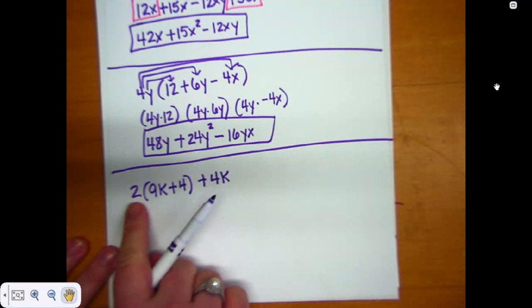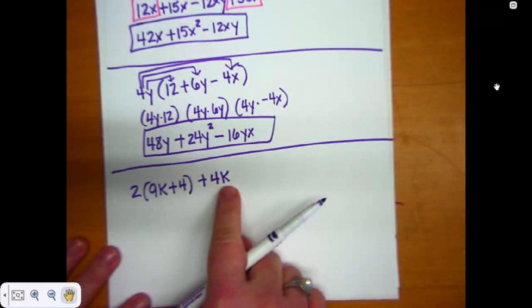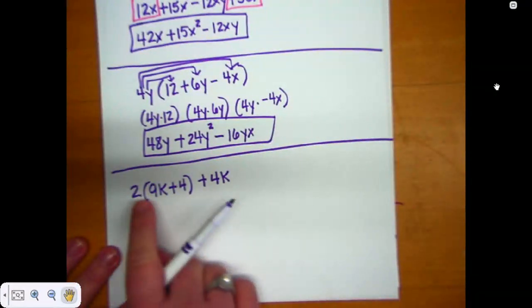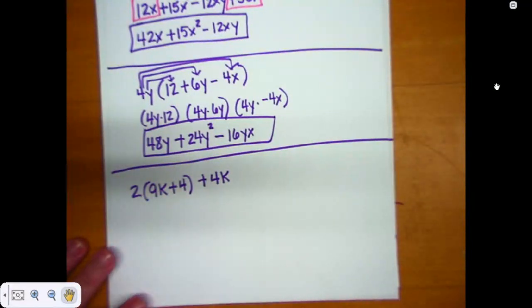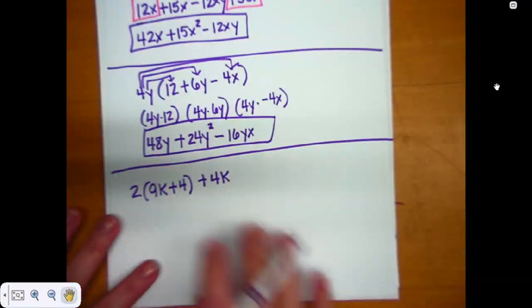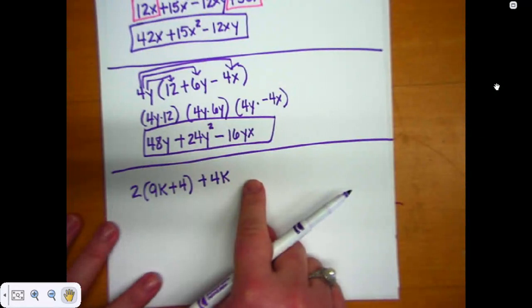The 2 is connected to the parentheses. There's a plus sign between the 4k, so it is not connected to the parentheses. So you are only going to distribute the 2 to what's inside these parentheses. This is called expanding. So it's expanded because it has plus 4k added on to it.